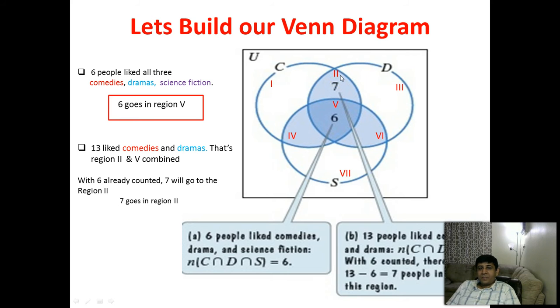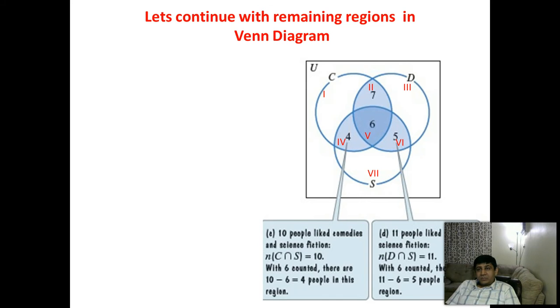Okay, now let's move on. Now we will work on regions 4 and 6. Let's work on 4 first. It is given to us that 10 people liked comedies and science fiction. This is the comedy circle, and this is the science fiction circle.